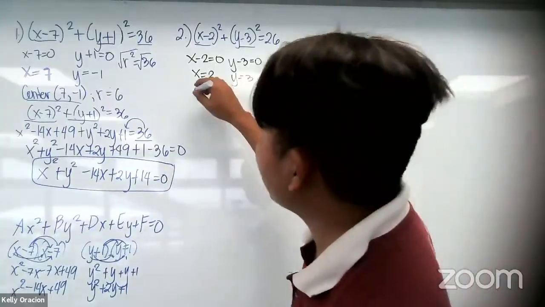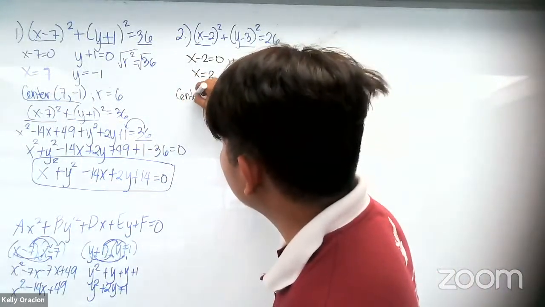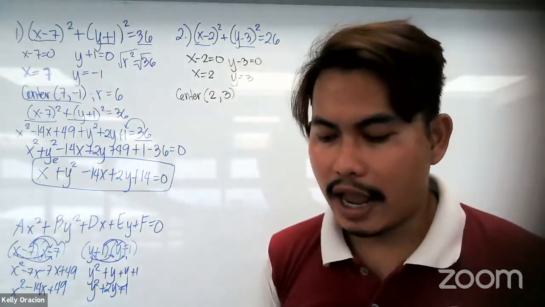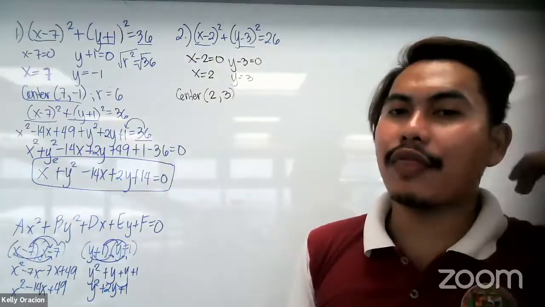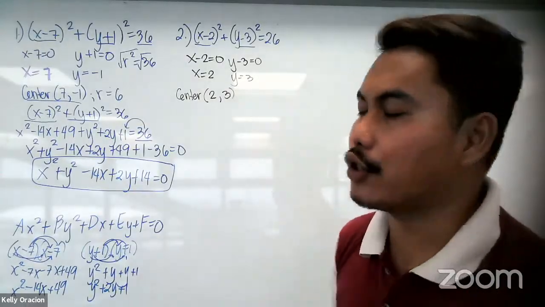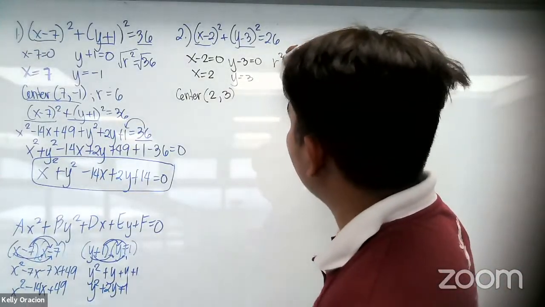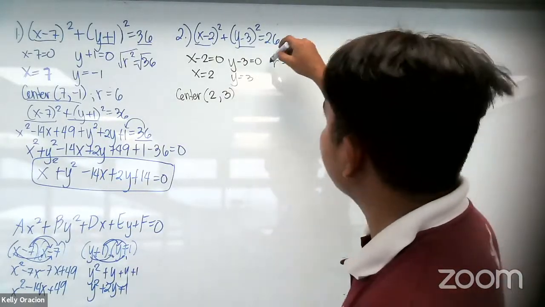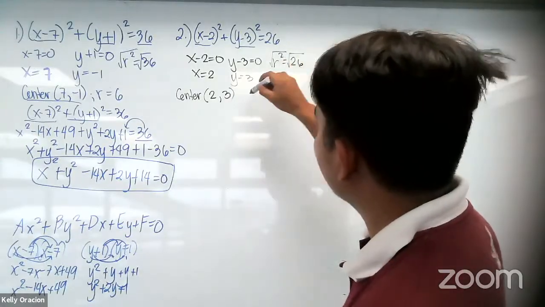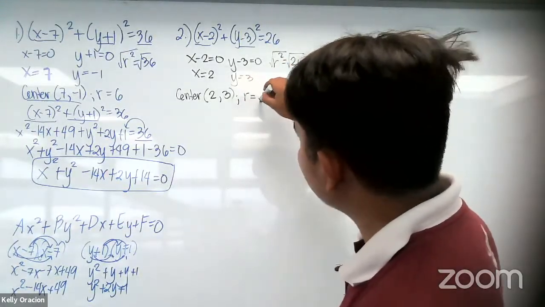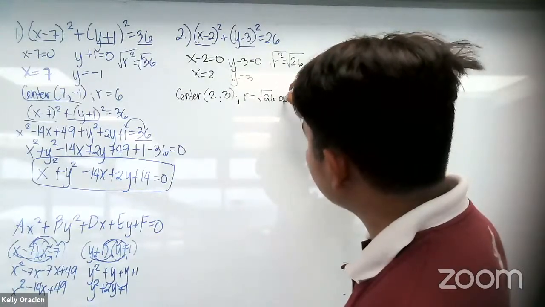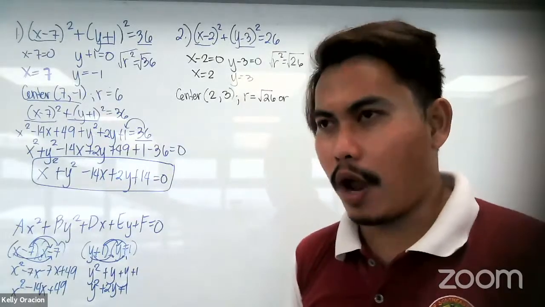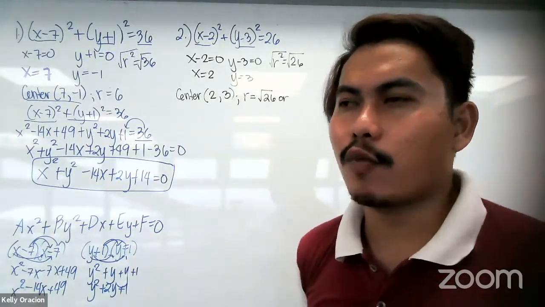Now, you have the center, which is positive 2 and 3. So your r squared is 26. Extract the square root. So your radius is the square root of 26, which is not a perfect square, so it cannot be simplified.